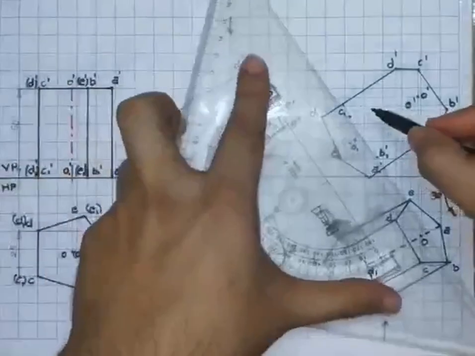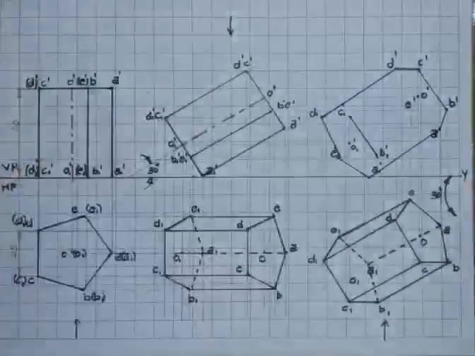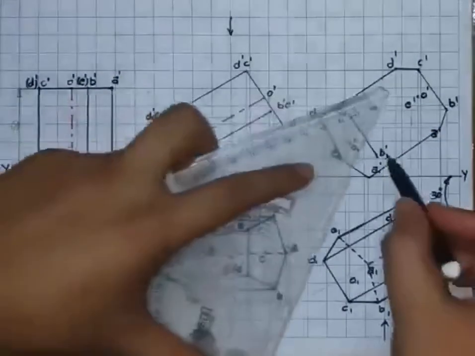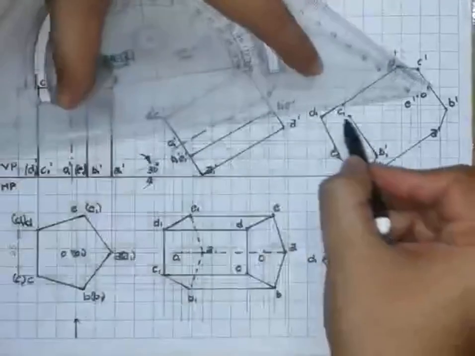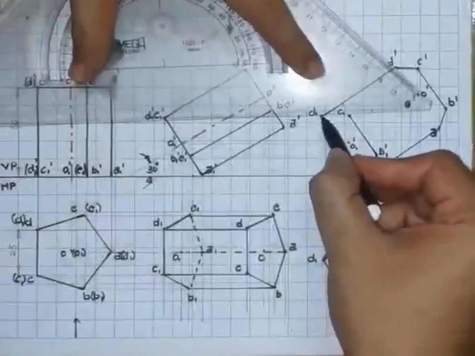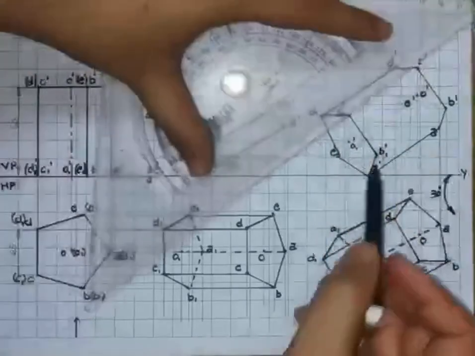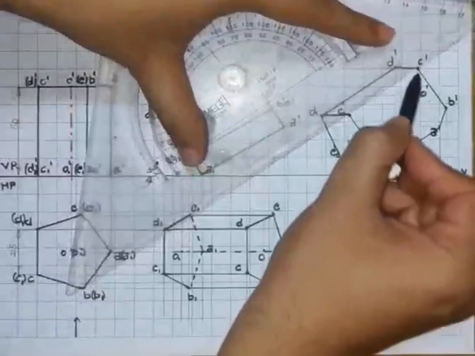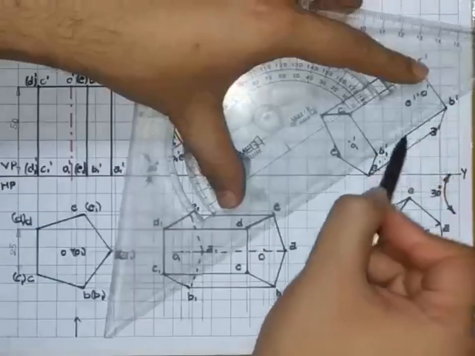So you connect BC with a continuous line. If B is visible, B to A is also visible, and if C is visible, C to D will also be visible. If C is visible, the edge connecting C to C1 will also be visible, and B to B1 will also be visible.